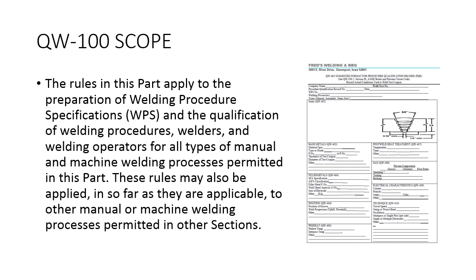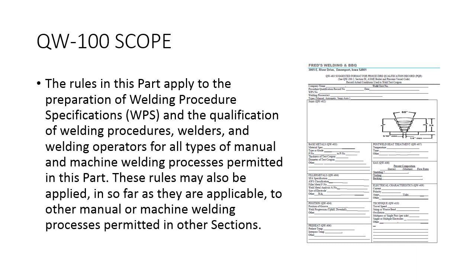Okay, now that we've kind of hashed through the preliminaries, let's talk about the scope of QW-100 in Article 1 of ASME Section 9. The rules of this part apply to the preparation of welding procedure specifications and the qualification of welding procedures, welders, and welding operators for all types of manual and machine welding processes permitted in this part.